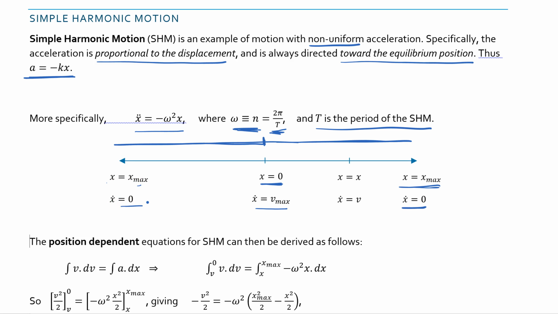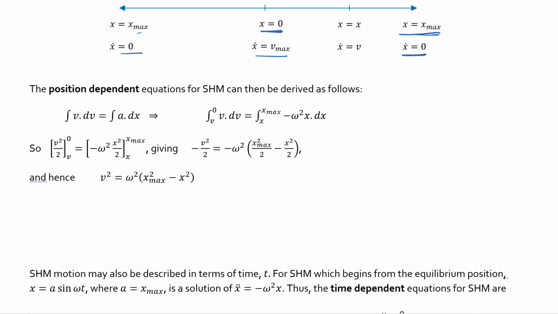So we can get some position-dependent equations for simple harmonic motion as follows. Now I'm going to use the Extension 2 technique, where my starting point is that v dv/dx is equal to acceleration, whether I do the x double dot or whatever.